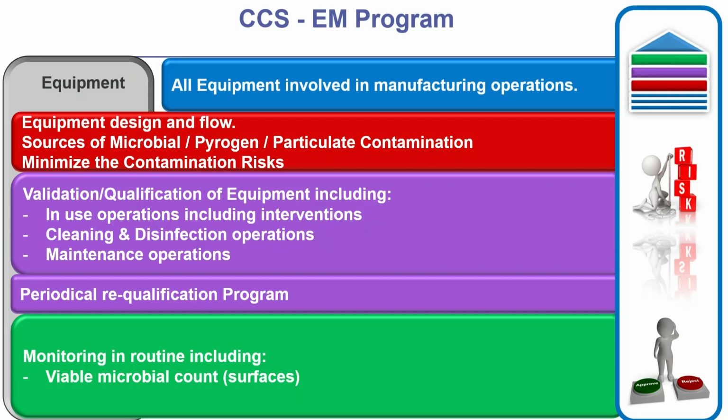The environmental monitoring program for equipment will follow the same approach, and specifically for contamination control, the equipment design and flow. For validation and qualification of equipment, include the in-use operation with interventions, cleaning and disinfection operations, maintenance operations. For routine monitoring, that should include viable monitoring with the microbial counts for surfaces.